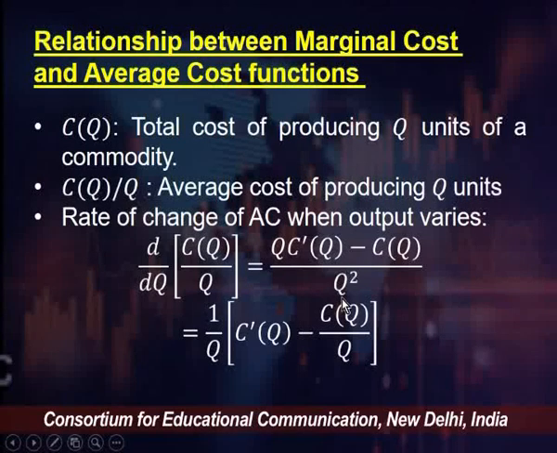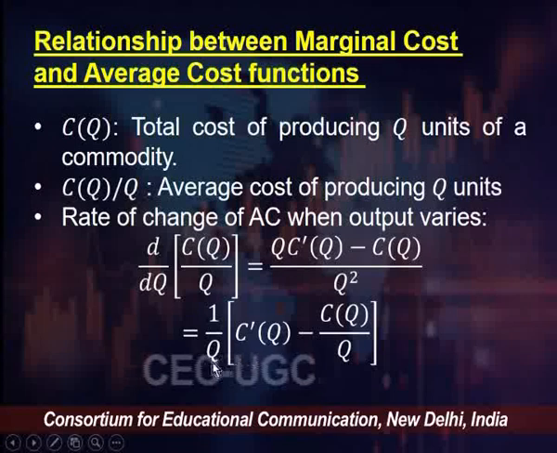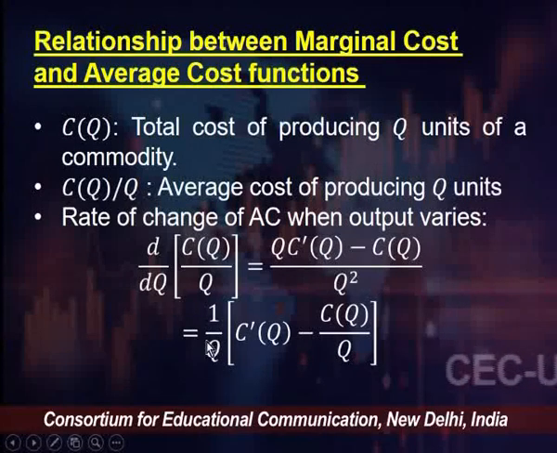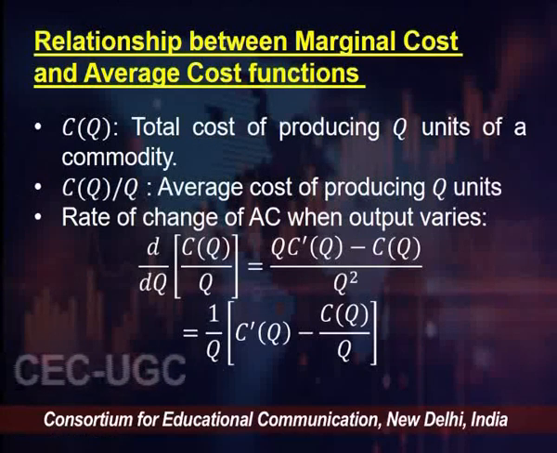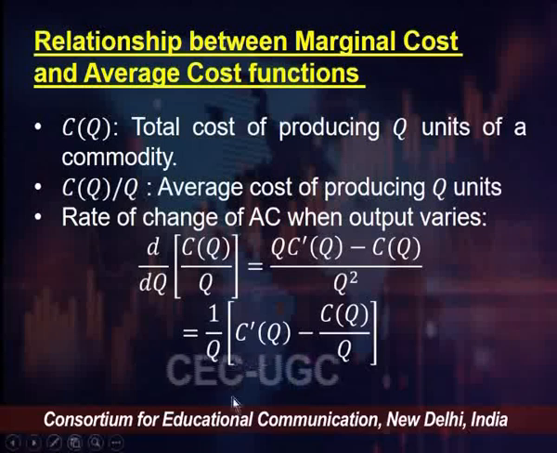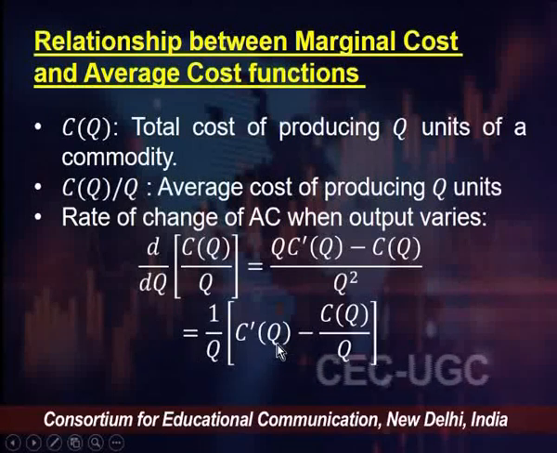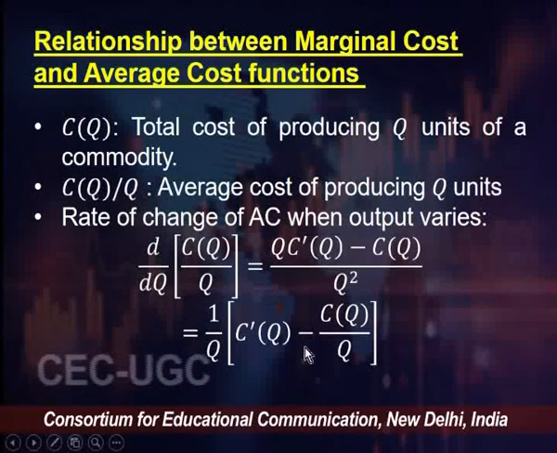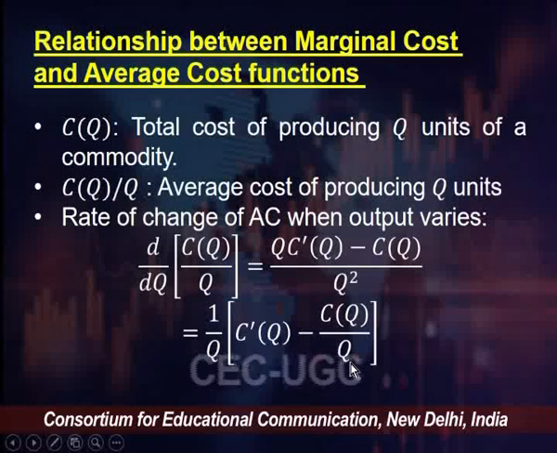The whole thing divided by Q squared. Here I can take 1 by Q out. If I take Q out as common, I'm left with C prime of Q as the first term inside the parenthesis, because one of the Q's will get cancelled, minus C of Q divided by Q.